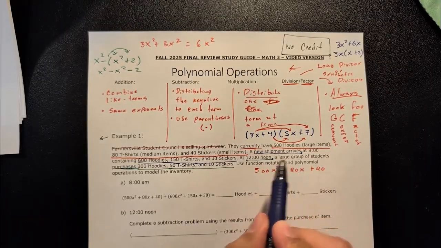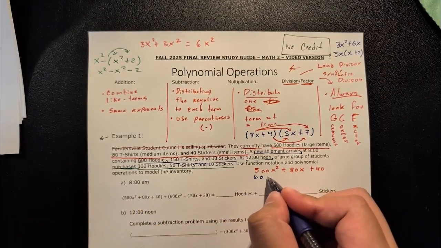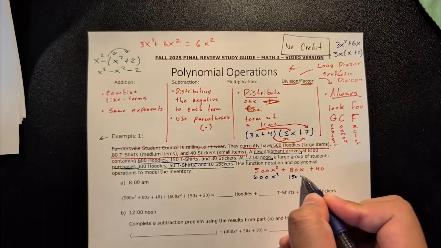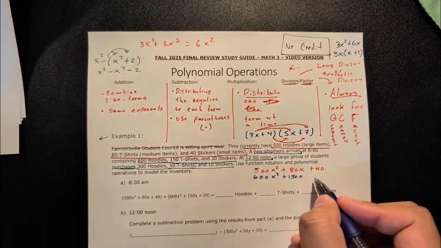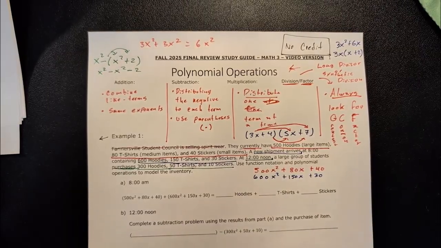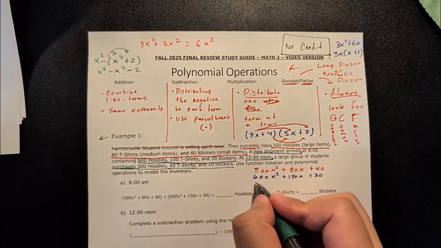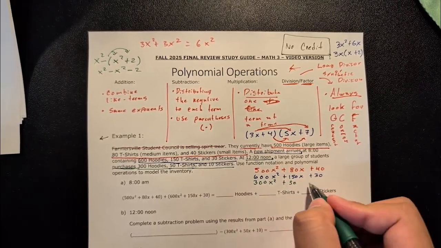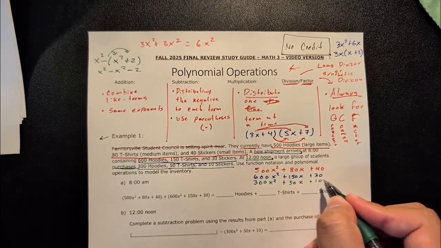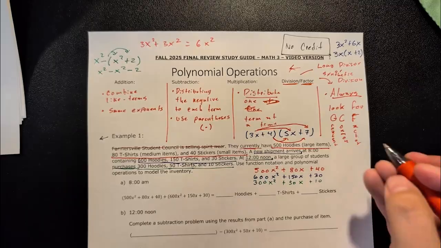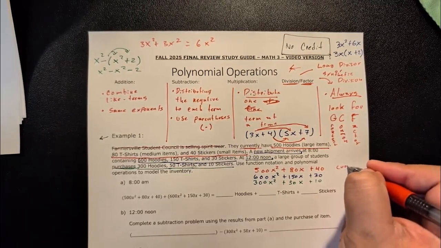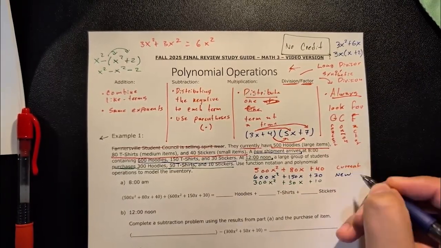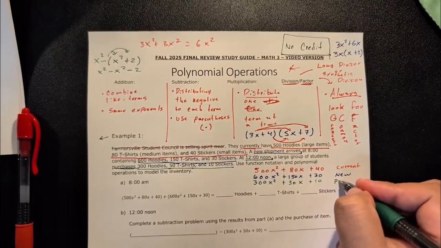The new shipment is the 600 hoodies, the 150 shirts, and the 30 stickers. And lastly, the purchase, the one in green, is 300 hoodies, 50 shirts, and 10 stickers. So this is my current, the blue is my new, and the green is purchase.